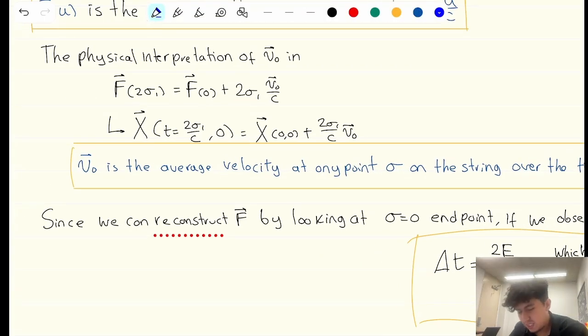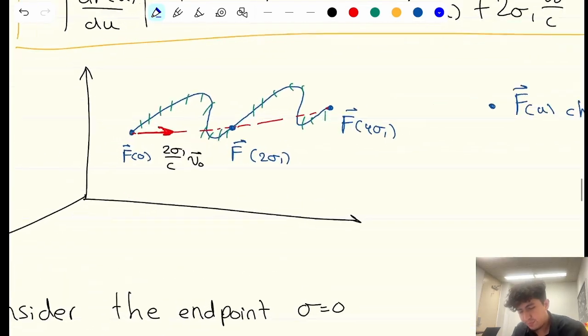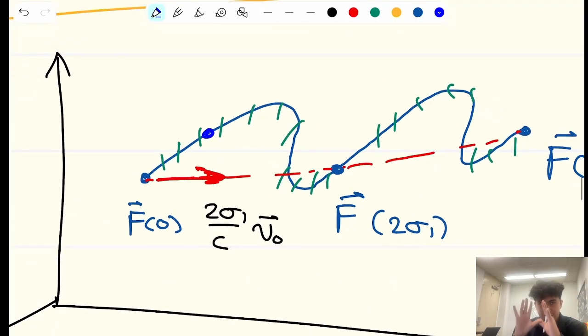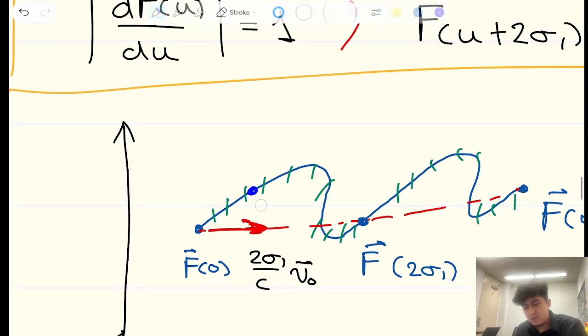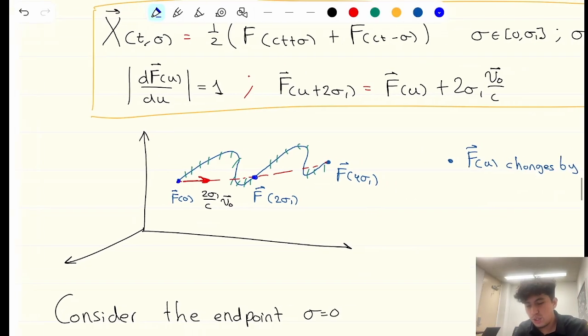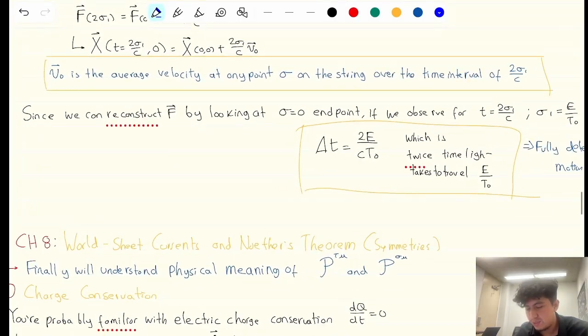Basically, if you take any point of the string and let 2 sigma 1 over c time go, that's going to give the average velocity. It also indicates, from one period to the other, overall how the string is moving, towards what direction. So you can also think of b naught as the velocity at which the string is going. That's another physical interpretation.